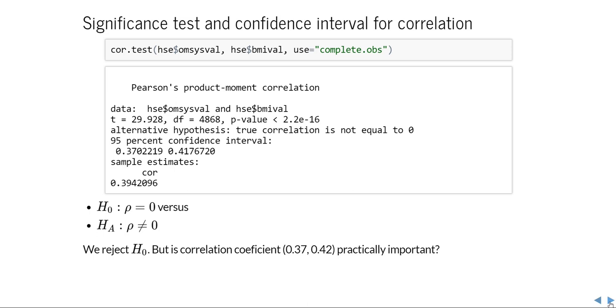And you can also see that R function gives you a confidence interval. So it estimates a 95% confidence interval of 0.37 to 0.42.